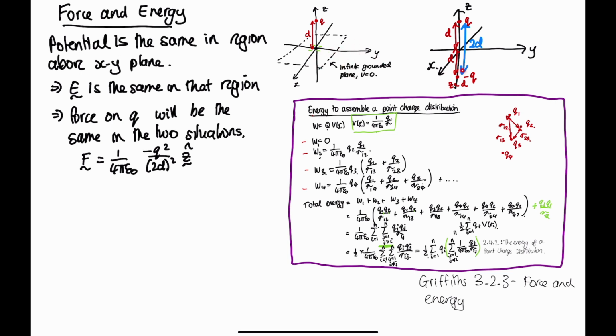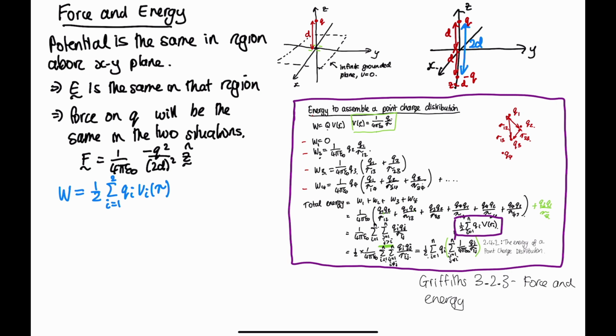We can calculate how much energy we need to assemble this charge distribution using the equation that we came up with back when we were looking at that thing. So we've got this equation here. We've got that the work done, the total energy needed to assemble that, is equal to a half sum, going from i equals 1 to 2 because there's just two charges, of Qi Vi.